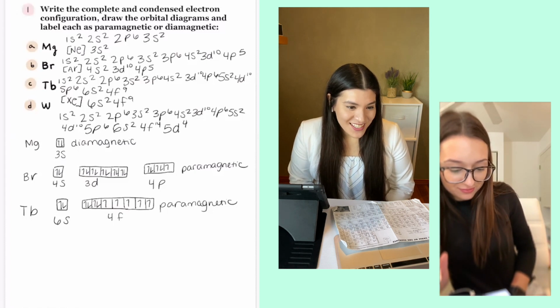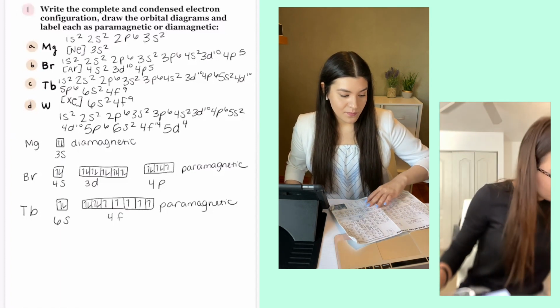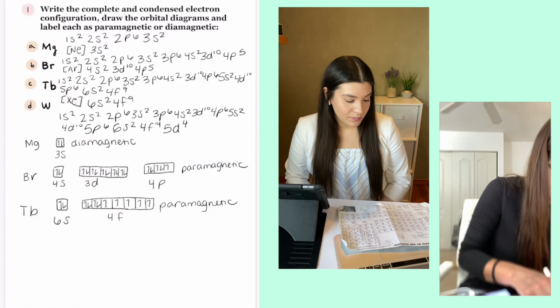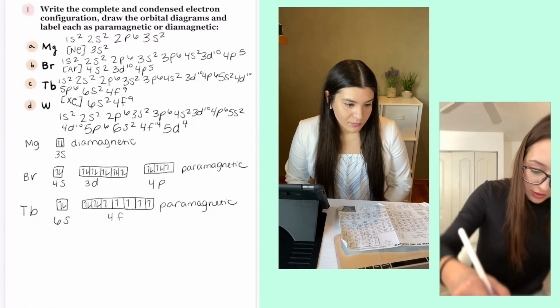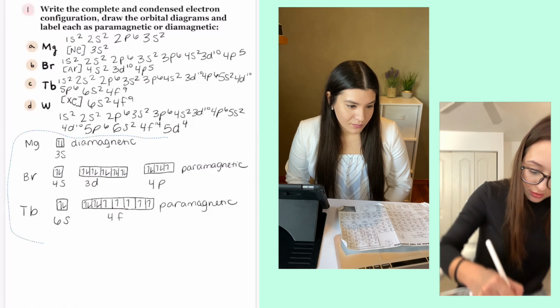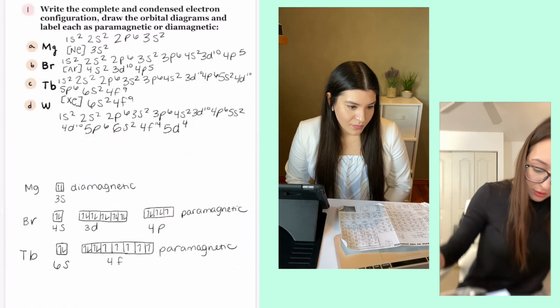All right, almost done with this question. Next is condensed electron configuration. Okay. So here we are. Gonna write xenon again. I'll just move this stuff down.